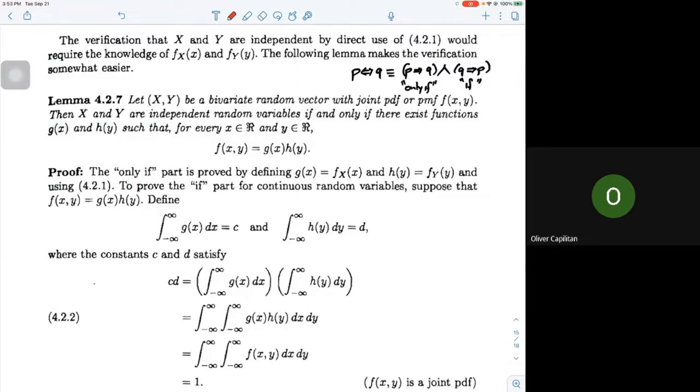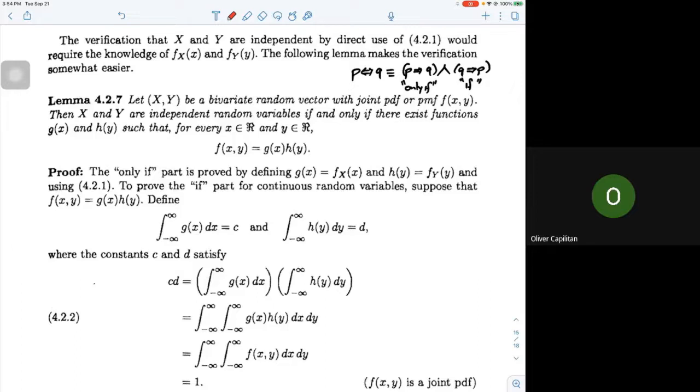Okay, another lemma would show again that the random variables X and Y are independent. We have here in Lemma 4.2.7 that the joint PMF or PDF is equal to the product of two functions, g of x and h of y, where g of x is a function of x only, and h of y is a function of y only. It says here, let X and Y be a bivariate random vector with joint PDF or PMF f of xy.